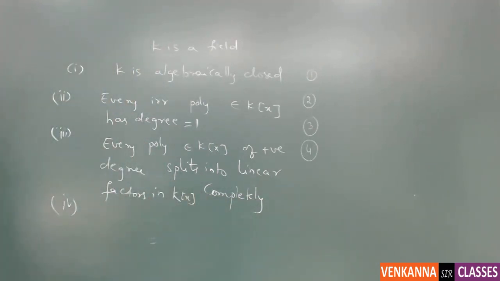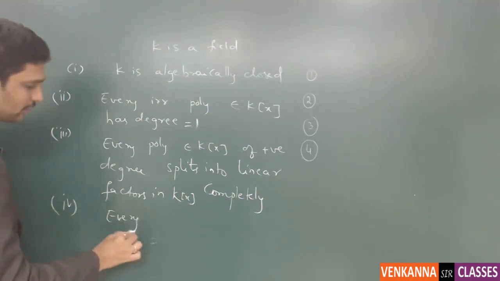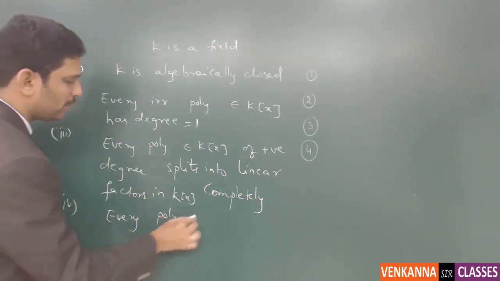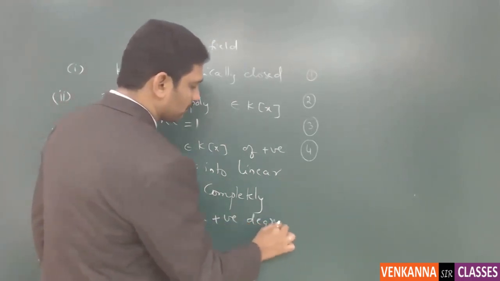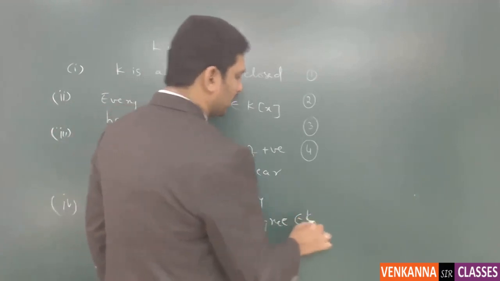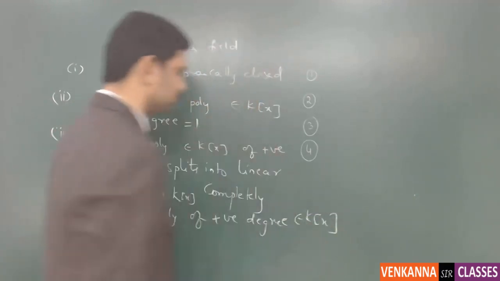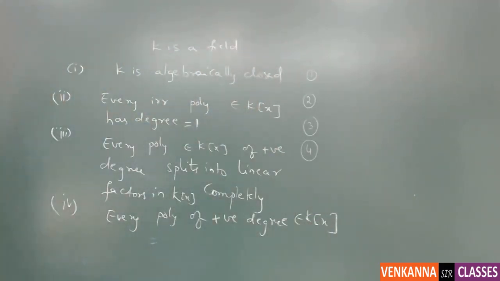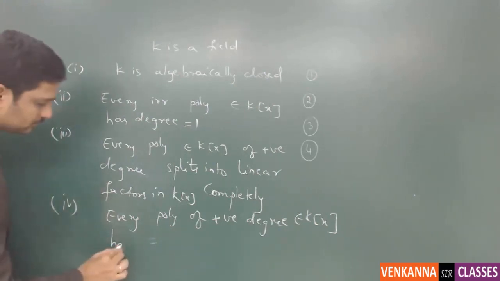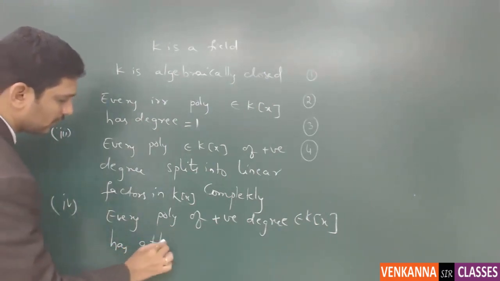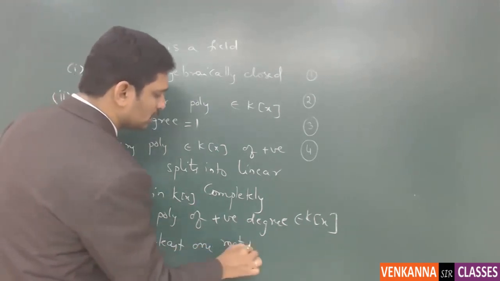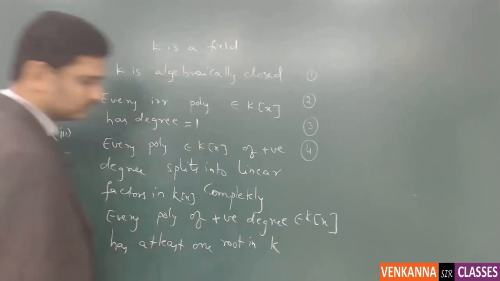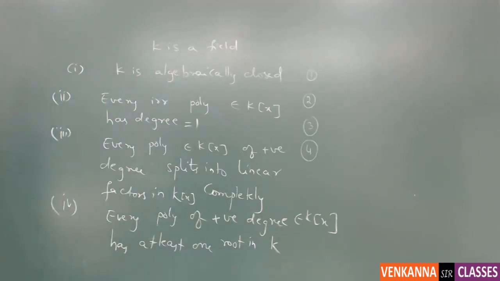And the next one is every polynomial of positive degree belonging to K[x] has at least one root in K.